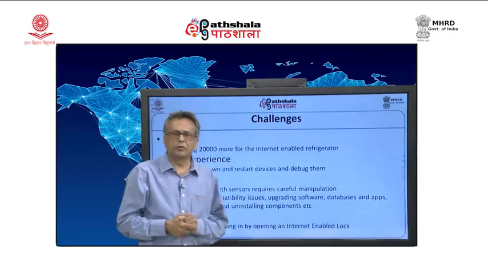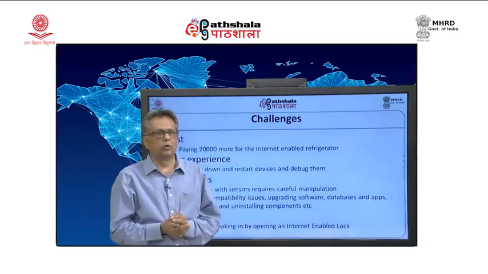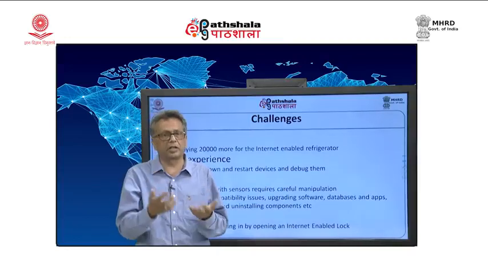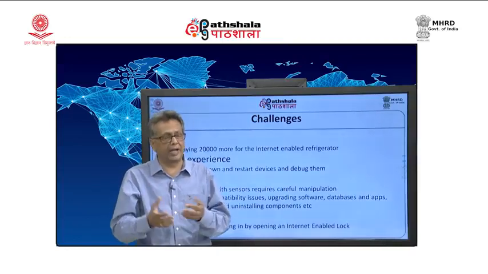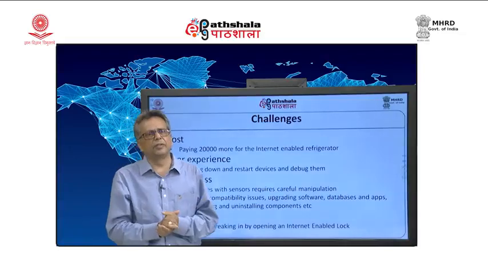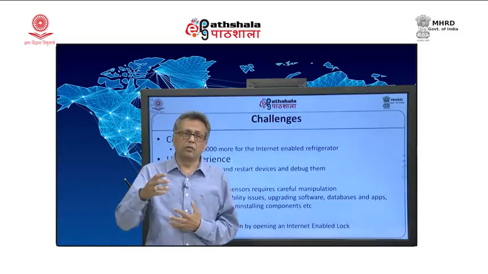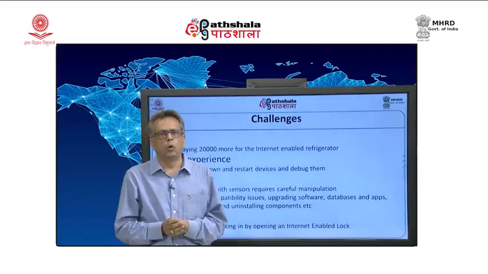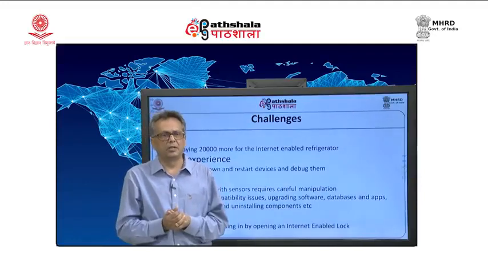What is the cost? If you talk about the smart city or home network, cost is one of the very critical factors. If I want to buy a refrigerator, for example, I get it for 15,000 rupees, and if I want an internet enabled or smart fridge it will cost me 20,000 rupees.